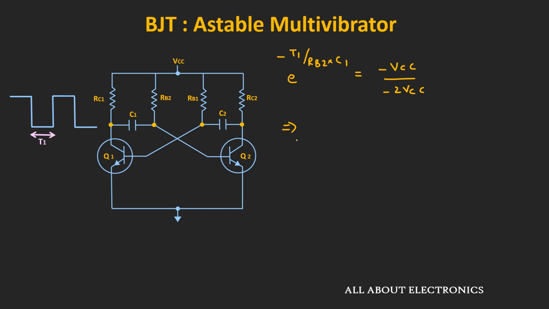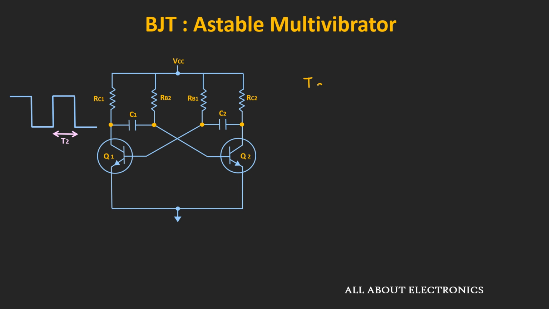Or if we take the natural log, then this time t1 is equal to minus RB2 times C1 times natural log of 1 by 2. Or we can say that this time t1 is equal to RB2 times C1 times natural log of 2. So this will be the expression of this time t1.